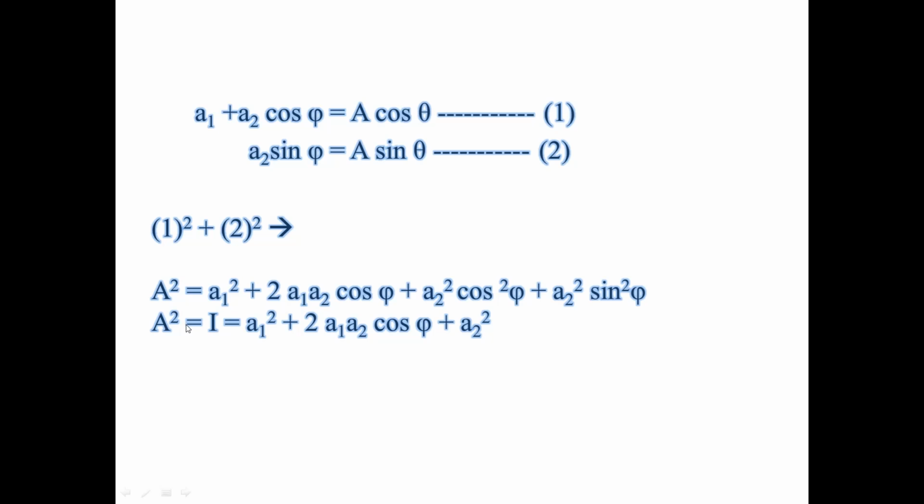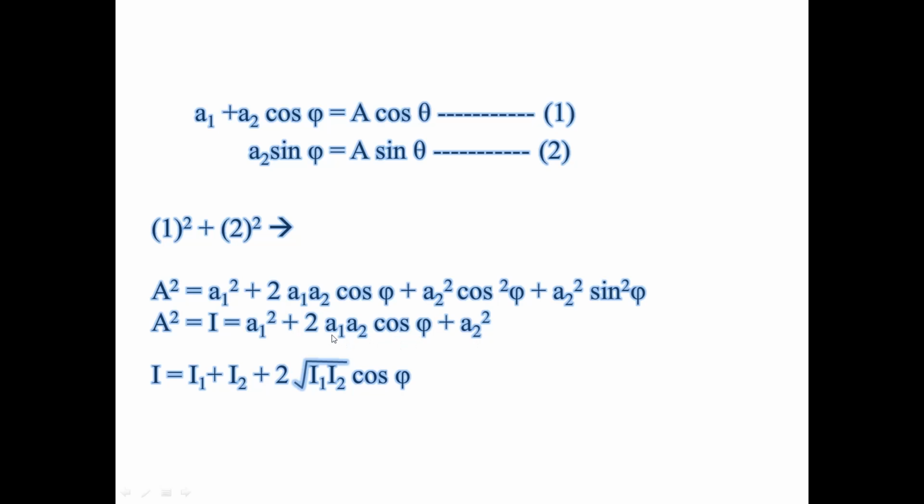Therefore, square of the amplitude, that is the intensity I, is equal to a1 square plus 2a1a2 cos phi plus a2 square. Or I is equal to I1 plus I2 plus 2 root I1 I2 cos phi, where I1 is the intensity of the first wave, which is equal to a1 square, and I2 is the intensity of the second wave, which is equal to a2 square.